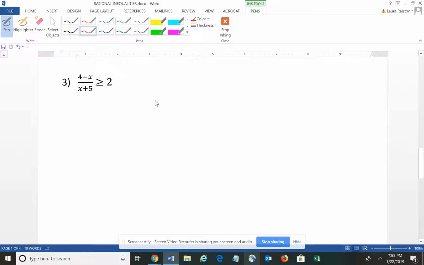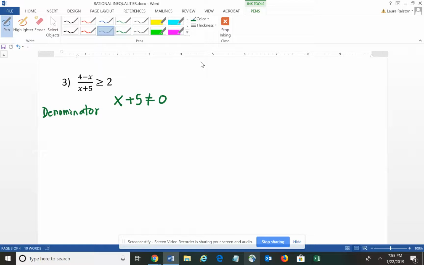All right, moving on to the next one. I have (4 minus x) all over (x plus 5), which is greater than or equal to 2. Again, I'm going to begin by thinking about my denominator. So x plus 5 cannot be 0.